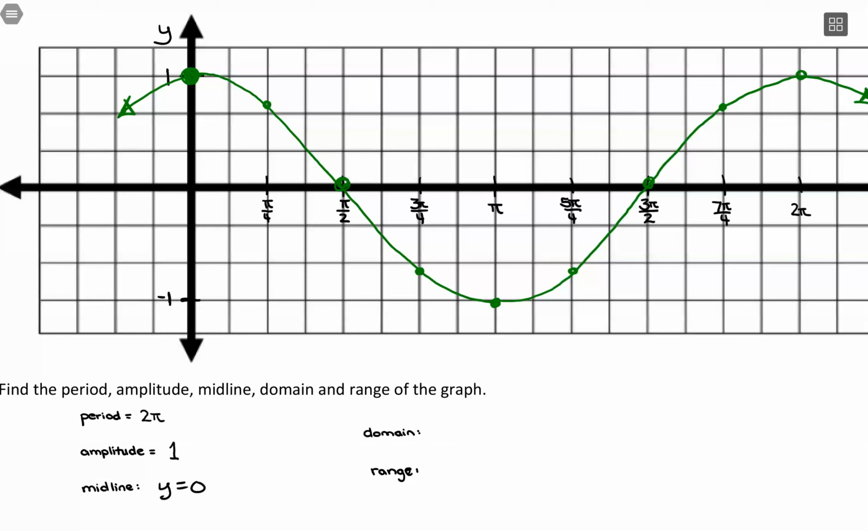So, same characteristics coming through in terms of period, amplitude, midline. Domain and range are also the same. We can input absolutely any value for our angle measurement, and we can have an output. For the range, we're restricted between negative 1 and positive 1 inclusively, so we can include negative 1 and go up to positive 1.